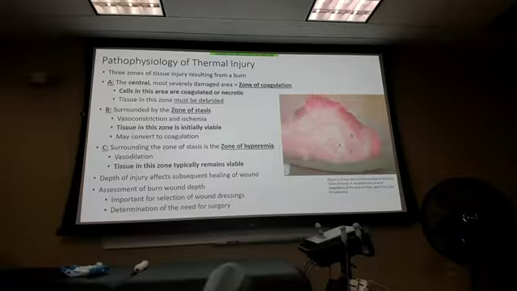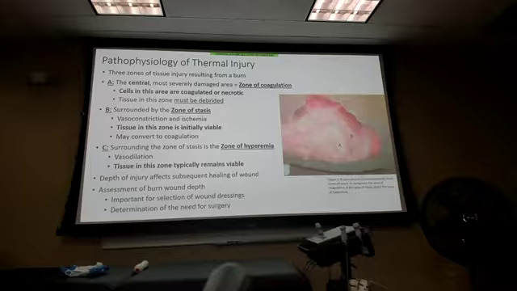Depth of injury really affects the subsequent healing of the wound. The deeper and the wider it goes, the more devastating the injury is going to be. Assessing that burn depth really is the determination for the need of surgery.